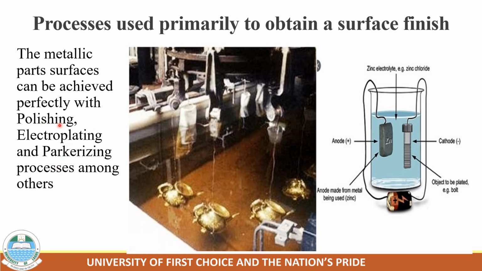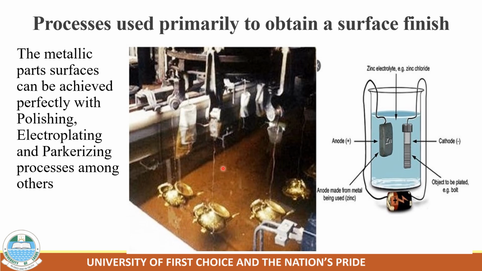Polishing is when you use emery cloth to make the surface look fine. You polish it with smooth sandpaper or emery cloth. Electroplating is like electrolysis in chemistry. You coat it with another material.